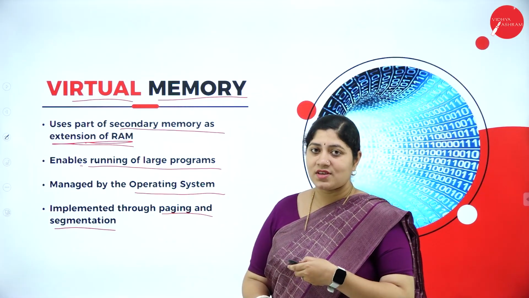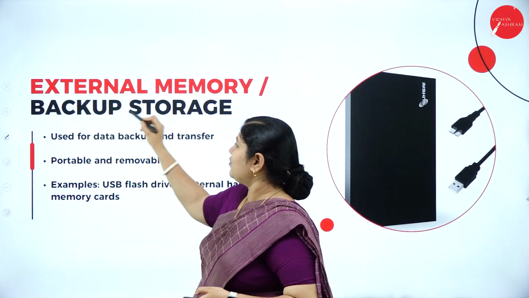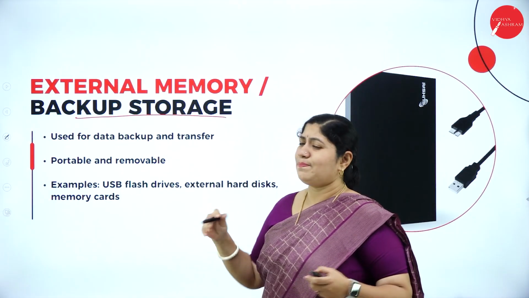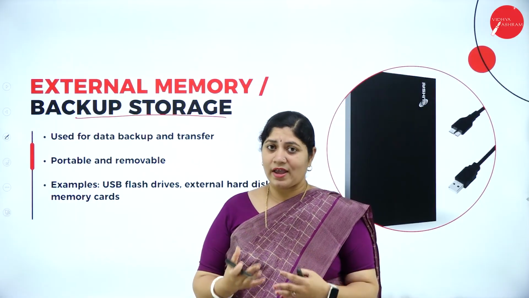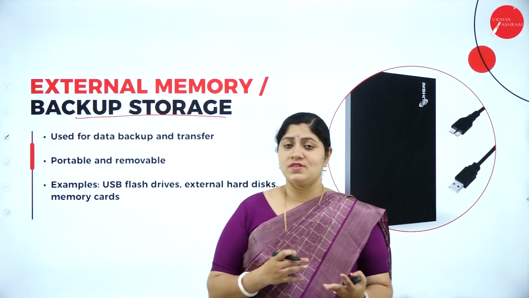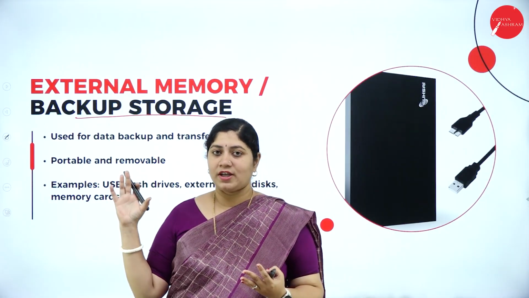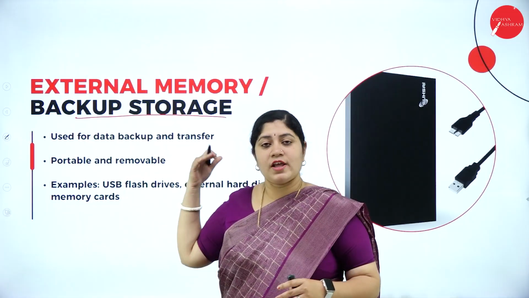So let's see the next type of memory. Okay, it's external memory, or we can also call it backup storage. This is used for data backup as well as transferring of data. We can just consider the best example for this backup, a hard disk. It is portable as well as removable.